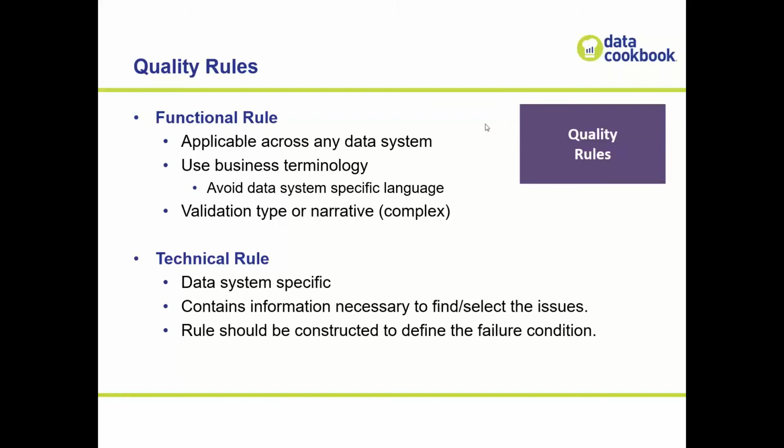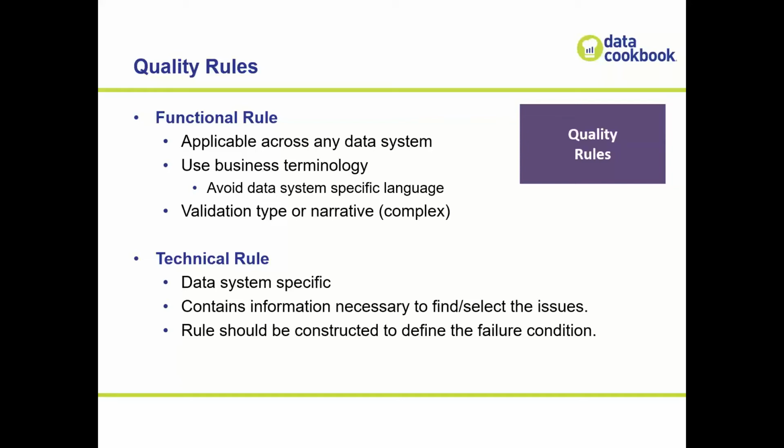So rules are kind of self-explanatory in a way, but they're documented standards around your data with which you can measure, and if the measuring of those standards doesn't match your expectation, then that would become an issue, right? So we like to think of, like many things in our system, that you've got functional versions and technical versions of this, and those can be the same things.